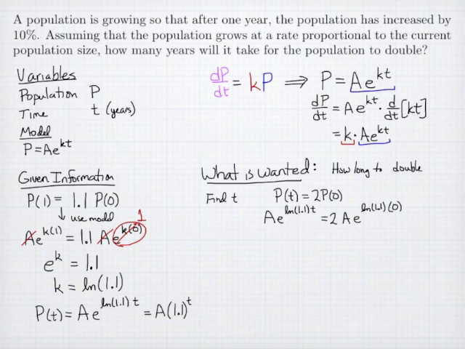times 0. Again, the A cancels. The natural log of 1.1 times 0 is 0, so this term goes to 1, leaving me with an equation, e to the natural log of 1.1 t equals 2.